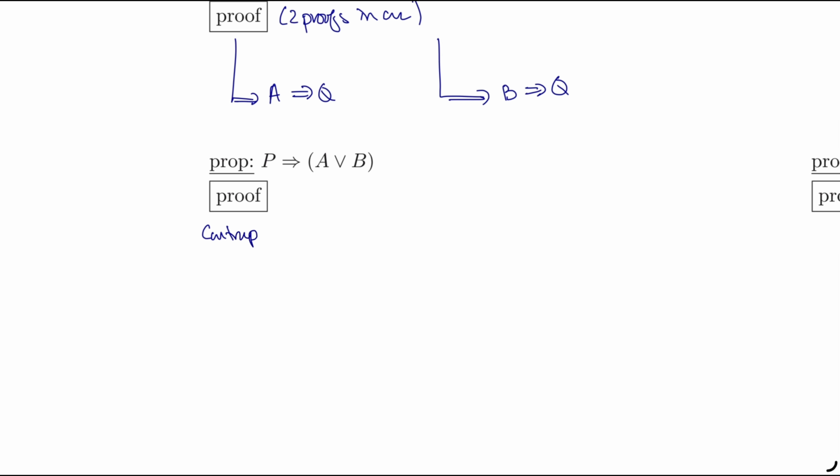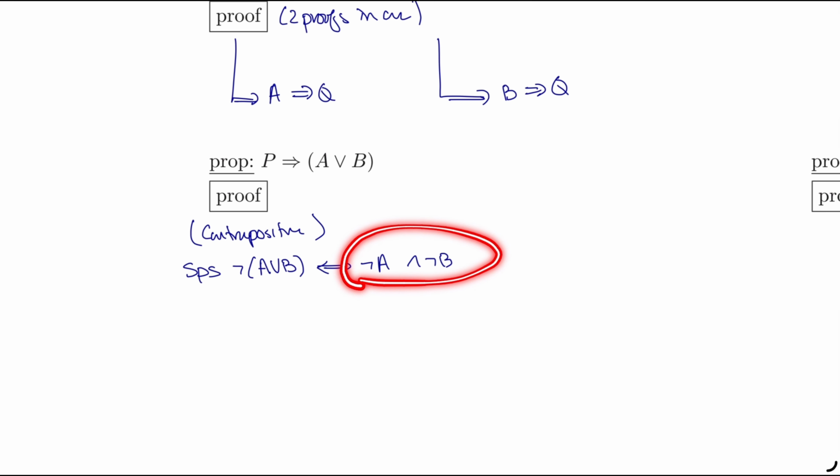So contrapositive, I would be supposing not (A or B), which we know is equivalent to not A and not B. Okay, so that's a nice assumption to start with. I have two pieces of information because they're connected with a conjunction. So I get to assume both not A and not B are true.